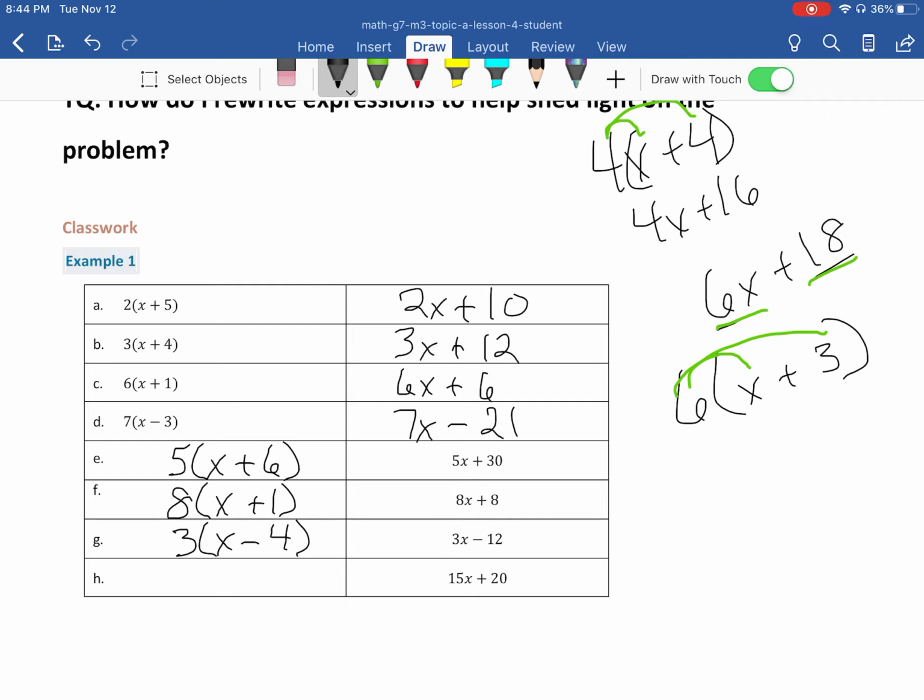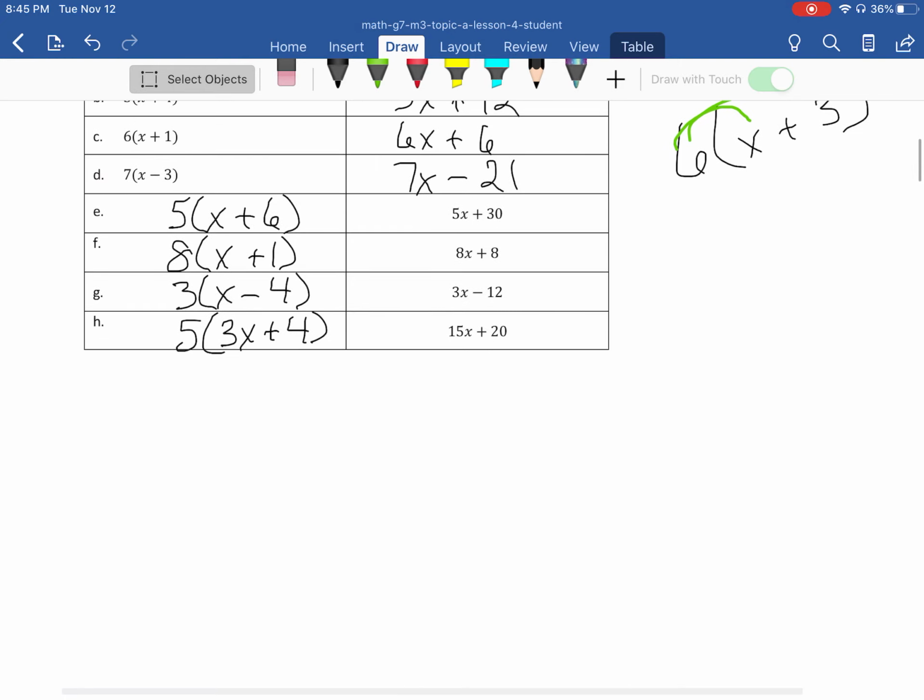And then my greatest common factor of 15 and 20 is 5. Oh, nope, my apologies, not 3. I did it backwards. 5 times the quantity 3x plus 4, because 3x times 5 equals 15, and 4 times 5 equals 20.